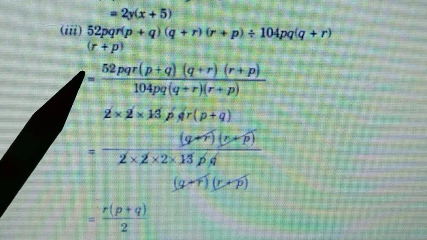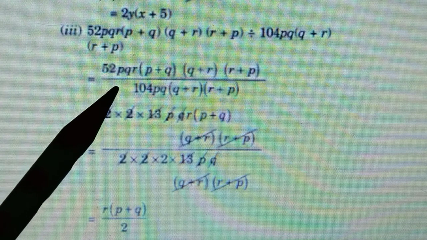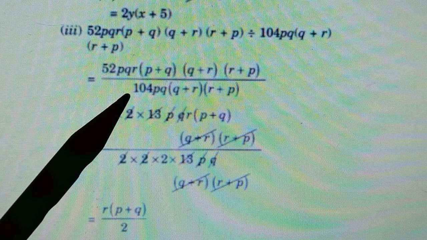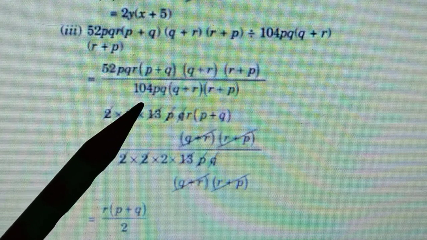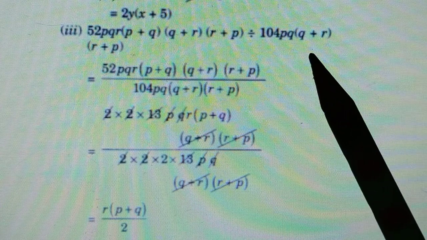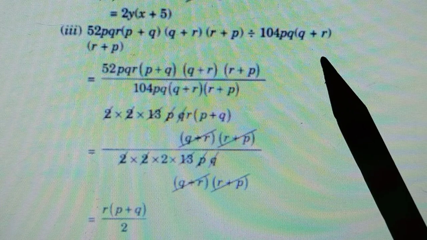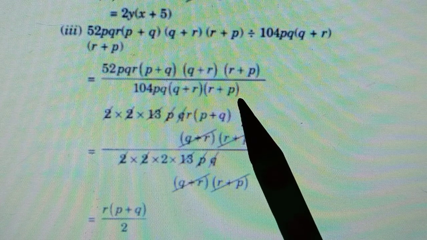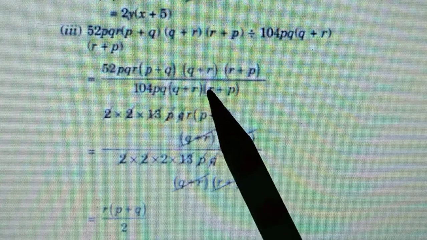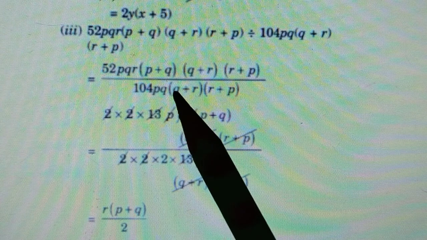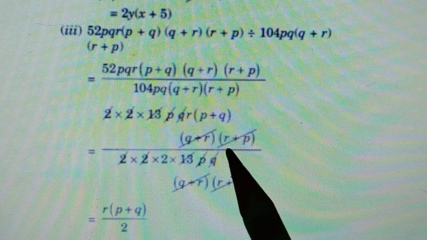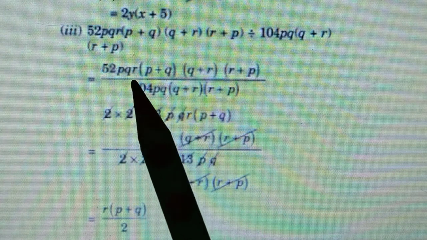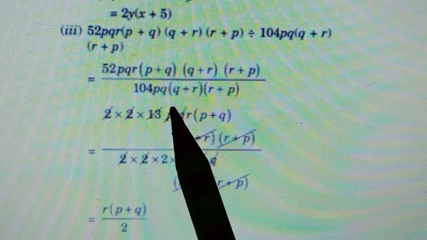Now see the third part. So you will put 52pqr (p + q)(q + r)(r + p) in numerator, and what we had to divide by, that is 104pq (q + r)(r + p), will be put in denominator. So again we see (r + p) will cancel out. (q + r) would also cancel out. p and q here also cancel out.